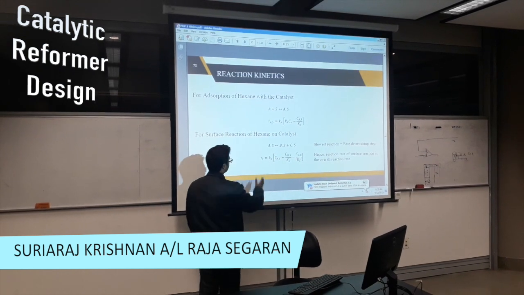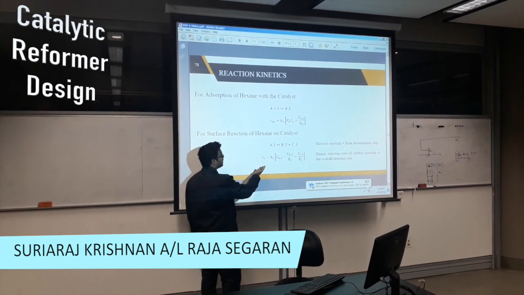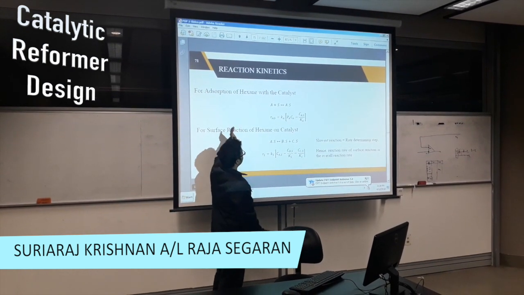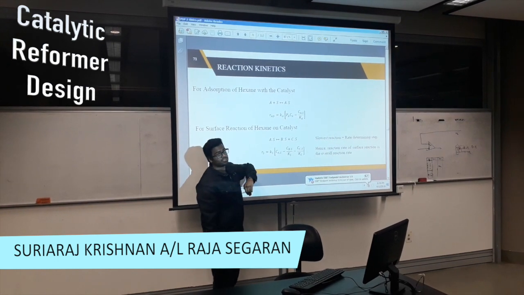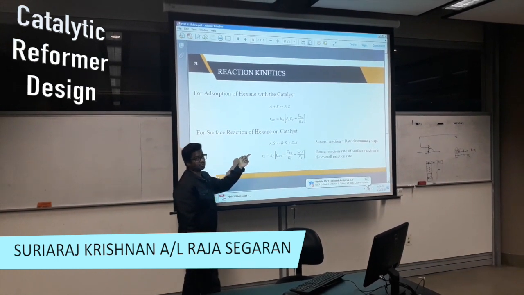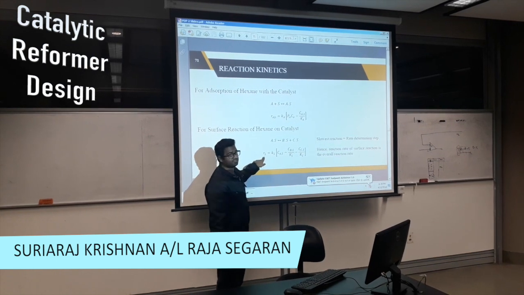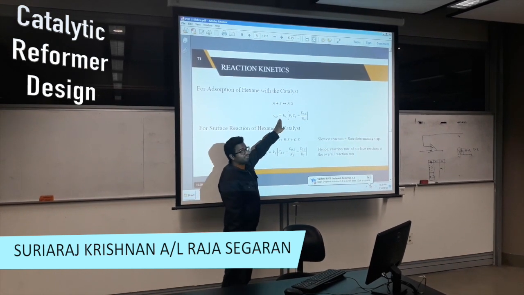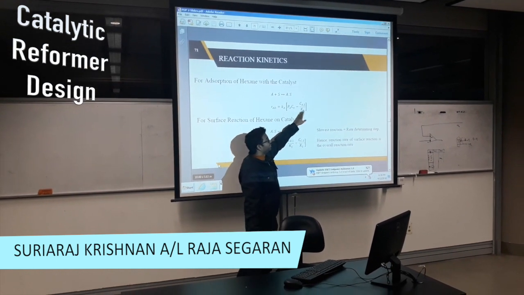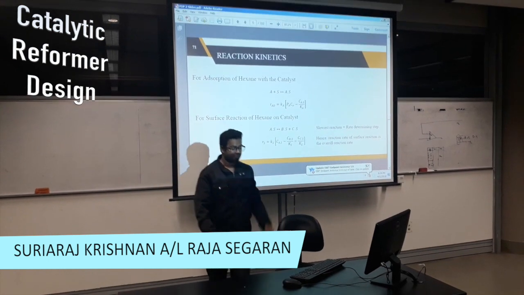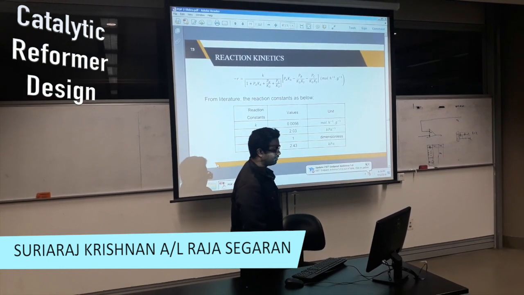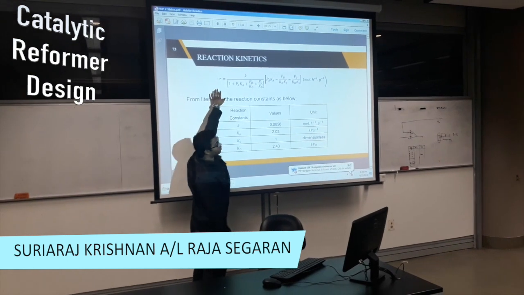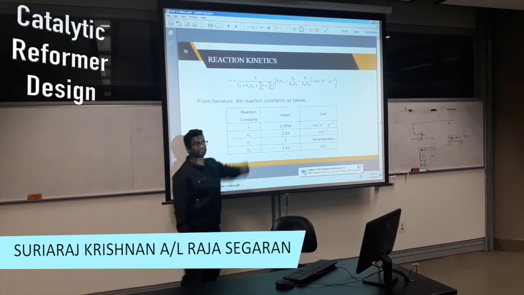We can consider that the adsorption and desorption reactions reach equilibrium earlier than the surface reaction. Hence, the rate is 0, and we can further simplify the other two equations, and we get this equation as our overall rate law.